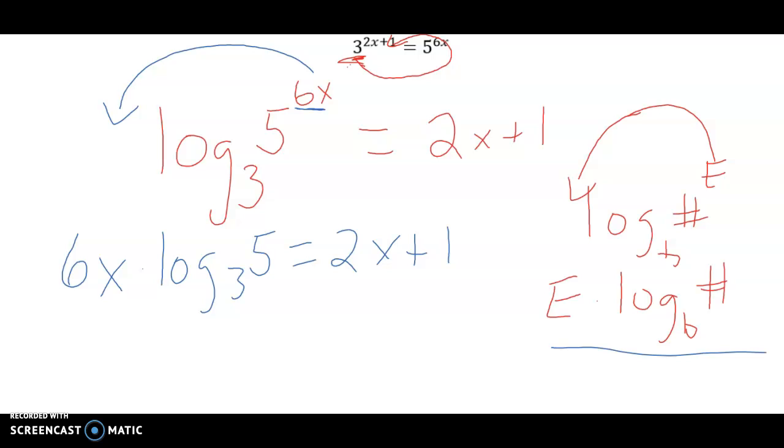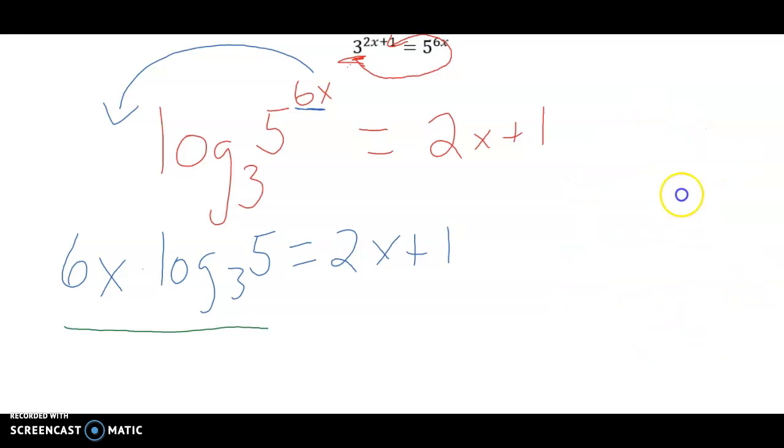Okay, so now let's take a look at this. I have 6x times log base 3 of 5. Here is the thing you want to think about with log base 3 of 5. It looks very ugly, but remember, it is just a number. It's a little bit more than 1. There are no variables or anything, so it's perfect. It's just like if I had 6x times 4. 4 is a number.